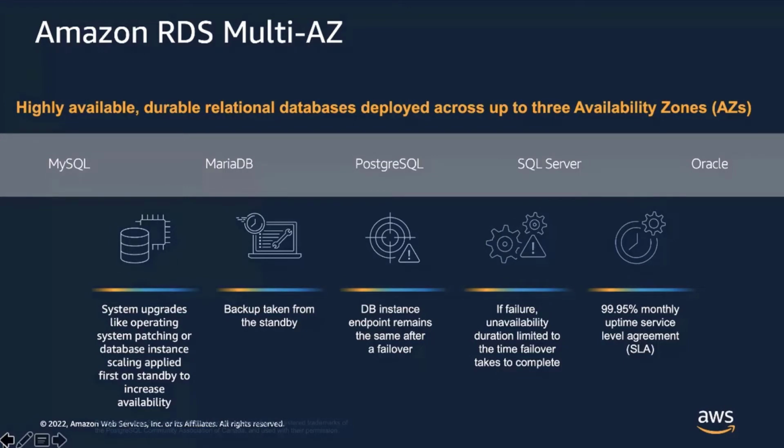When there is a failure of the primary, Amazon RDS automatically fails over to the secondary instance without any manual intervention. This multi-AZ feature is available on Amazon RDS MySQL, MariaDB, PostgreSQL, SQL Server, and Oracle databases.